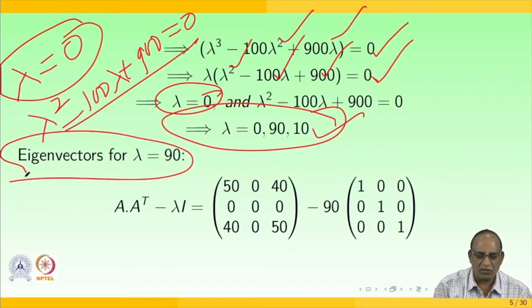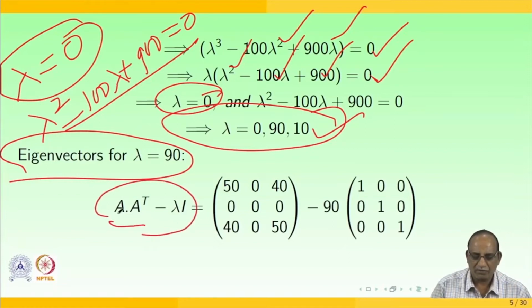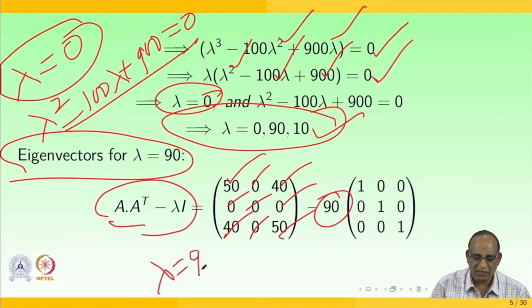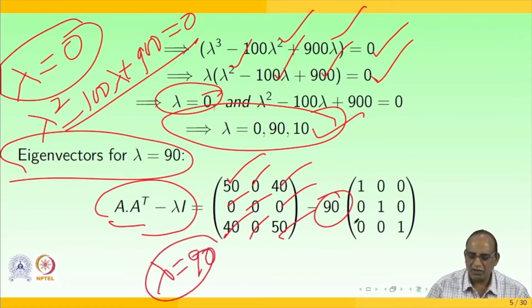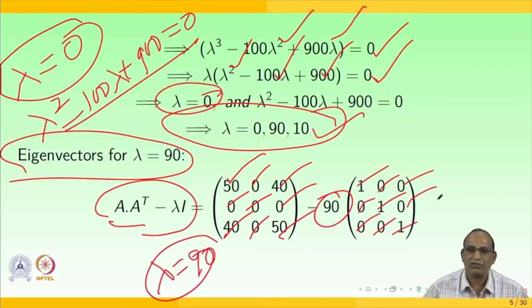For the eigenvectors for lambda equal to 90, you write A times A transpose minus lambda I, which is nothing but 50, 0, 40, 0, 0, 0, 40, 0, 50 minus 90 times 1, 0, 0, 0, 1, 0, 0, 0, 1.